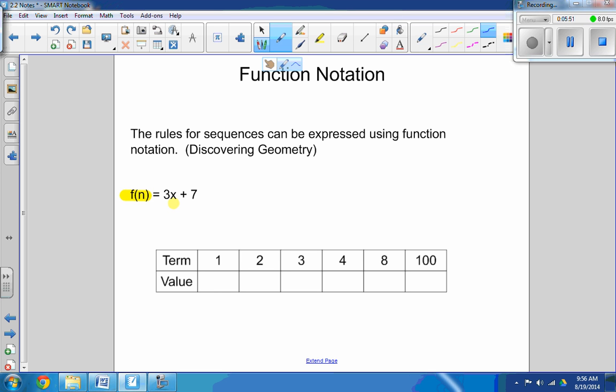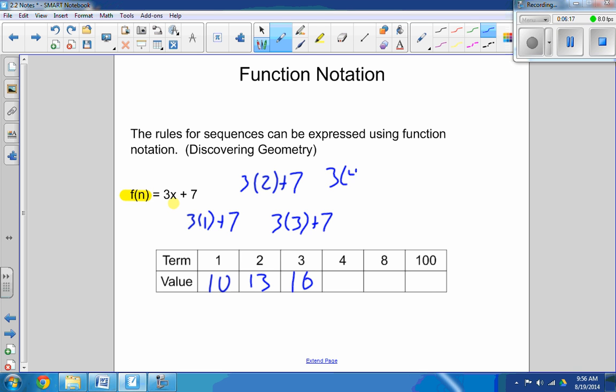So let's do that. I plug in 1, so 3 times 1 plus 7. Well, that's 10. Let's plug in 2. 3 times 2 plus 7, so we get 13. I plug in 3. 3 times 3 plus 7, I get 16. 3 times 4 plus 7, so we get 19. 3 times 8 plus 7, and here we get 31.